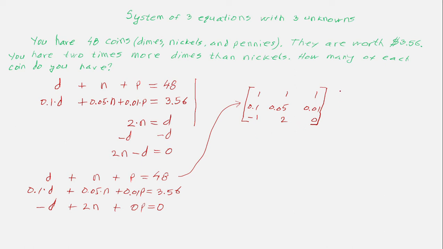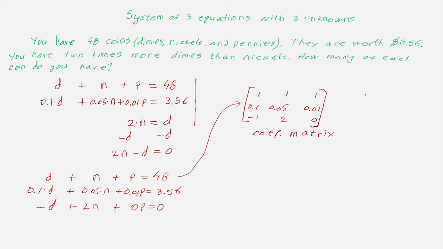That bracket doesn't really look too happy, so let's try to make a better one. Not that this one is any better, but okay, let's leave it like that. Okay, so this is our coefficient matrix. Now we need to make a matrix out of the constants.